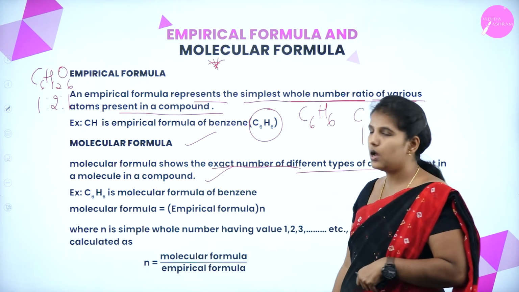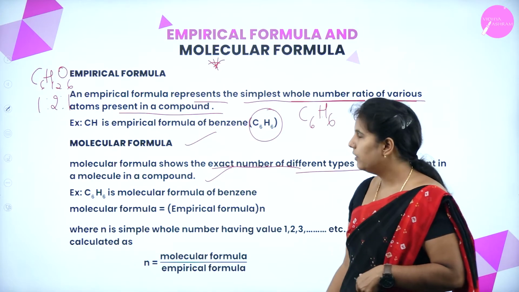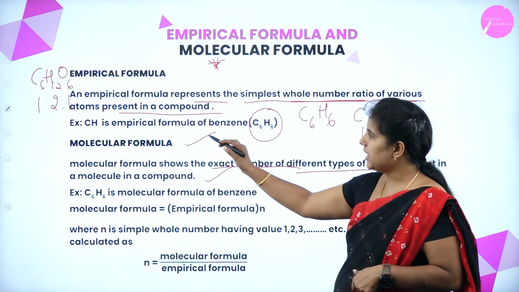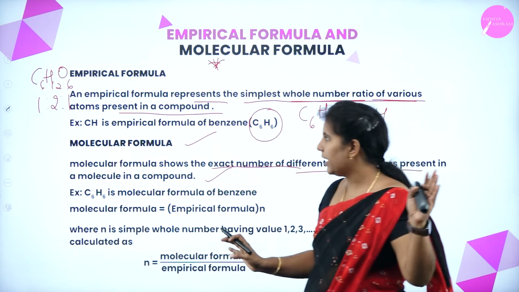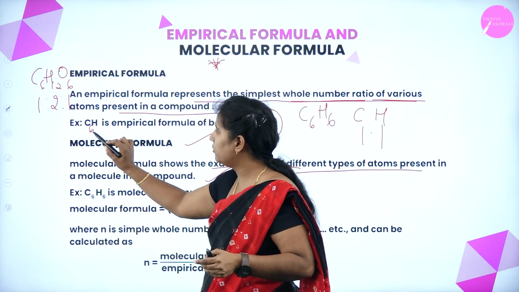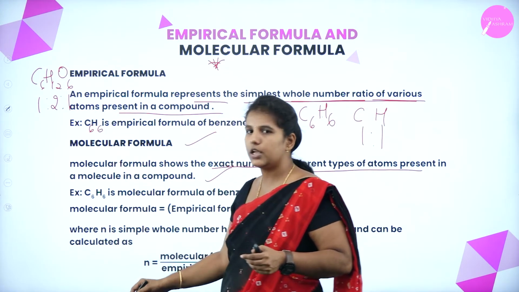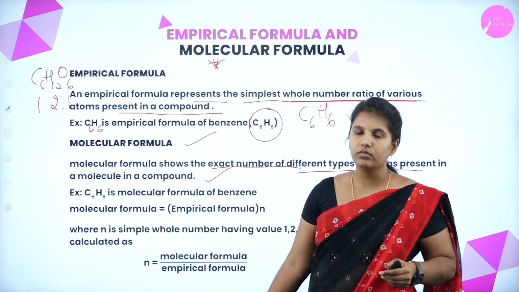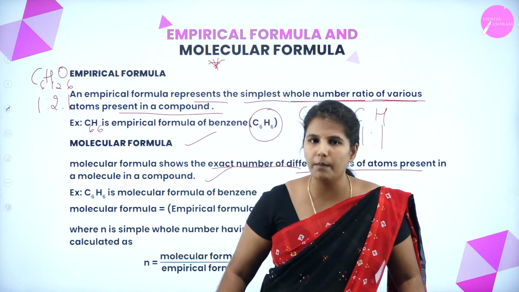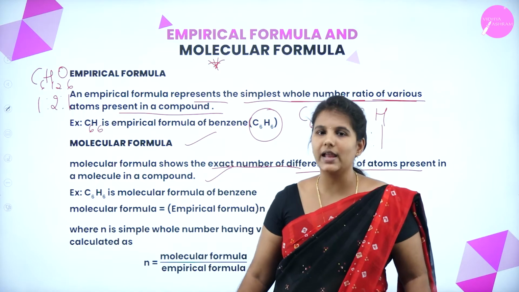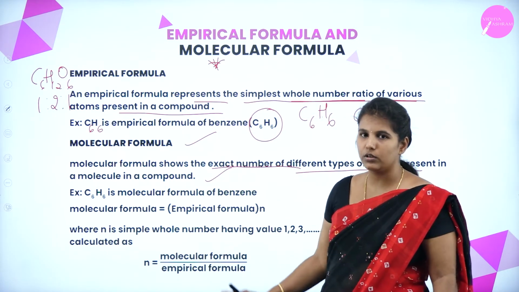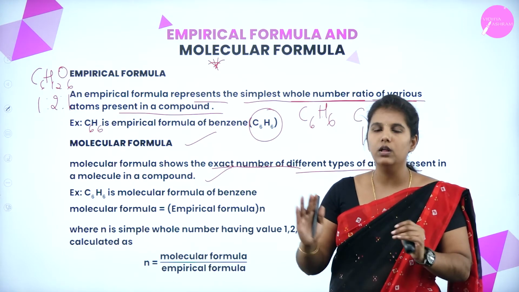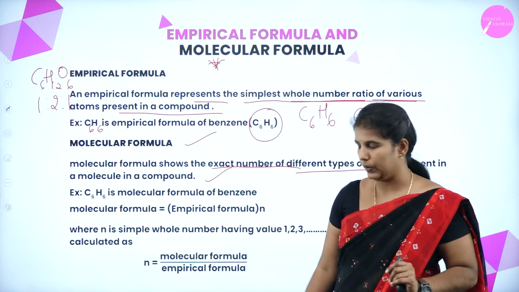For example, if CH is the empirical formula for benzene, then in the molecular formula we exactly say that only 6 carbon and only 6 hydrogen are present in the molecule. So that exact idea was given by the molecular formula. It tells about the exact number of atoms found in that molecule.